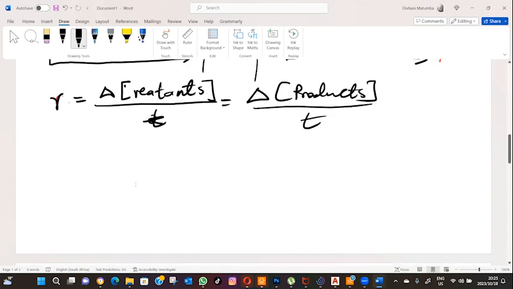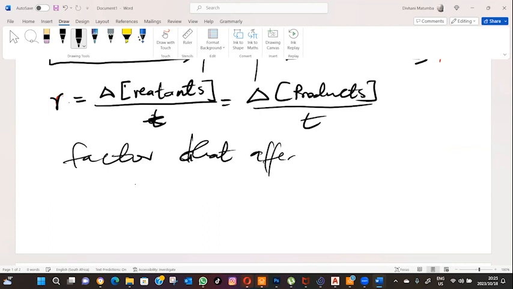Okay, what are the factors that affect the rate of a chemical reaction?